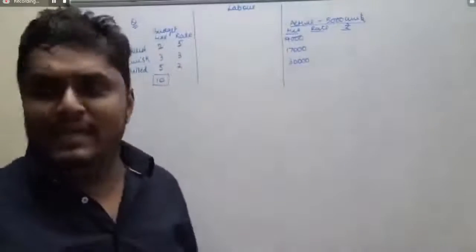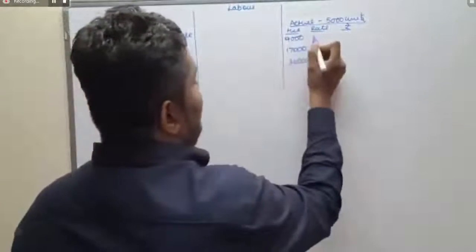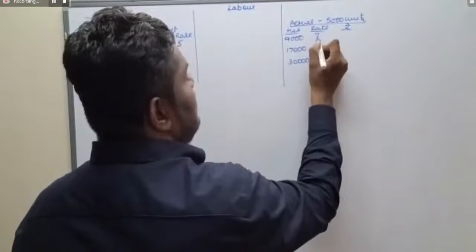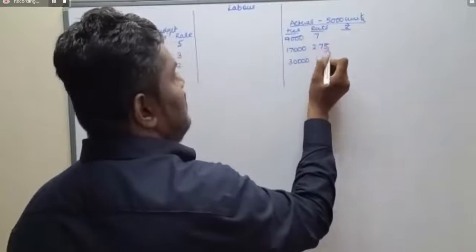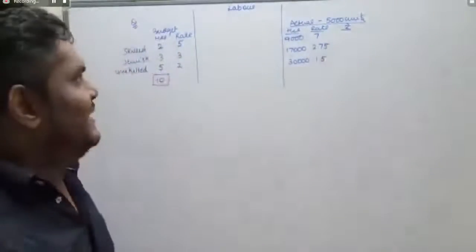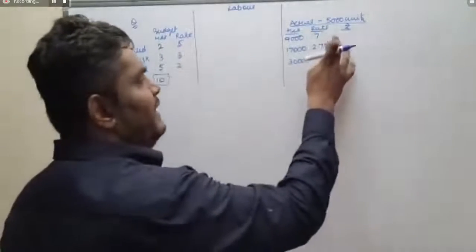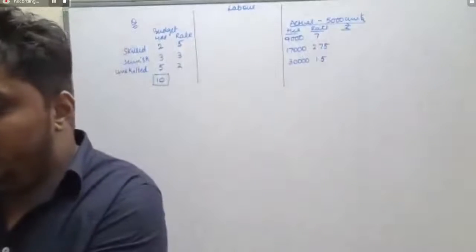Let's say this is the data given in the question. They were paid at the rates 7, 2.75 and 1.5. So management had advised to pay at the rates 5, 3 and 2. However, they paid at the rates 7, 2.75 and 1.5.